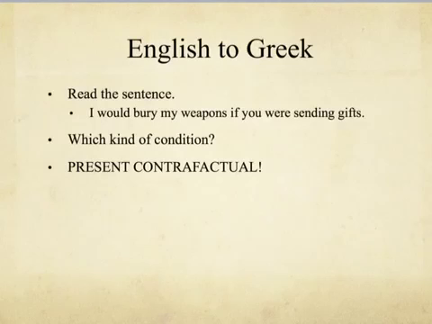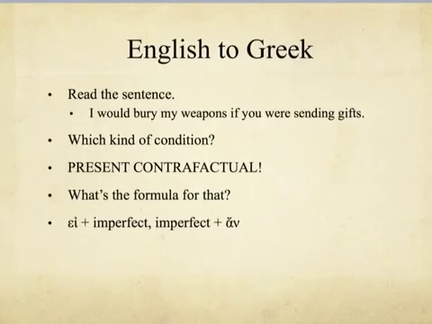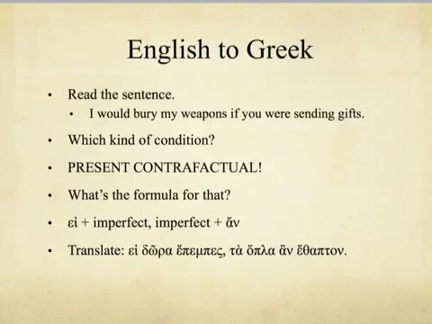So now you have to ask yourself, what is the formula in Greek to convey the present contrafactual condition? And you will answer ei plus the imperfect indicative in the protasis and the imperfect indicative plus an in the apodosis. So that gives you ei dora epempes ta hopla an ethapton.